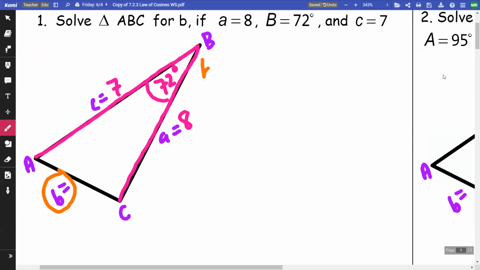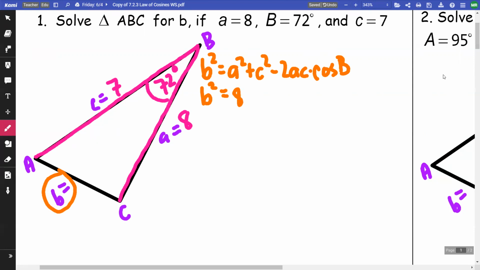So I am going to be using b squared is equal to a squared plus c squared minus 2ac times cosine of angle B. So I'm going to have b squared is equal to 8 squared plus 7 squared minus 2 times 8 times 7 times cosine of 72 degrees.